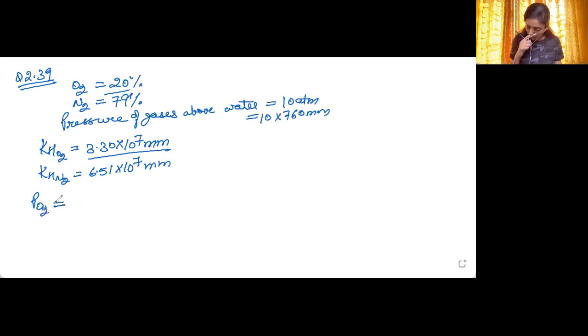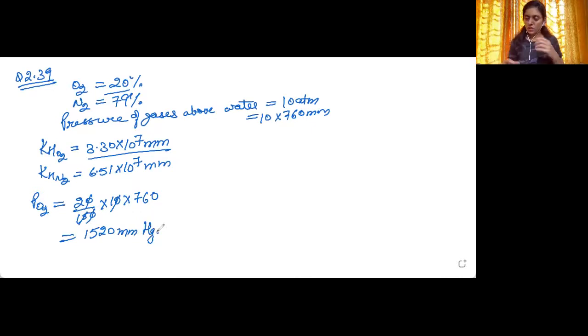PO2 will be equal to 20% of the total vapor pressure, that is 10 into 760. So this will come out to be equal to 760 multiplied by 2, 1520 millimeter of mercury. Or you can just keep it like this only, 2 into 760 mm.